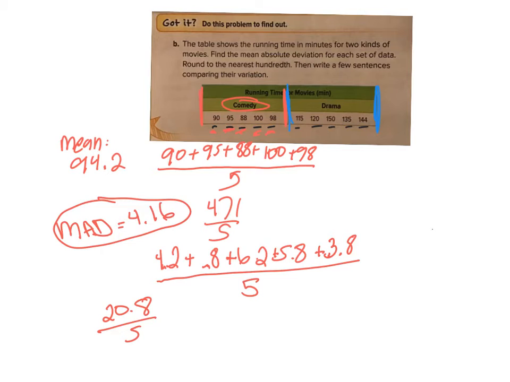Let's see if it's more or less than drama. So we first got to find our mean. You add all the numbers together: 115 plus 120 plus 150 plus 135 plus 144, and divide all those by 5. That will get my average or my mean.